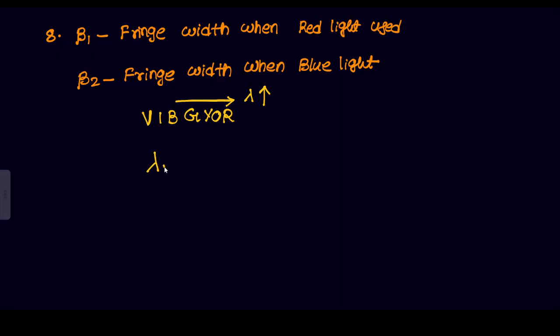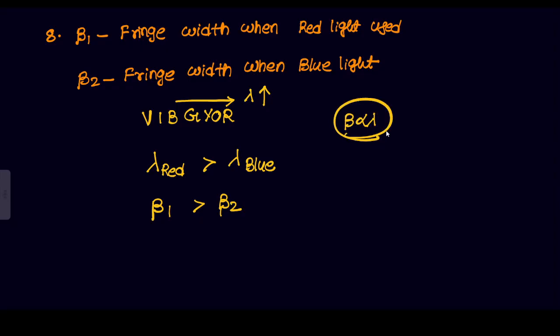Yes, lambda of red is greater than lambda of blue. So beta red, which is beta 1, is greater than beta blue, beta 2. Fringe width is directly proportional to lambda. If the wavelength is more, fringe width is also more.